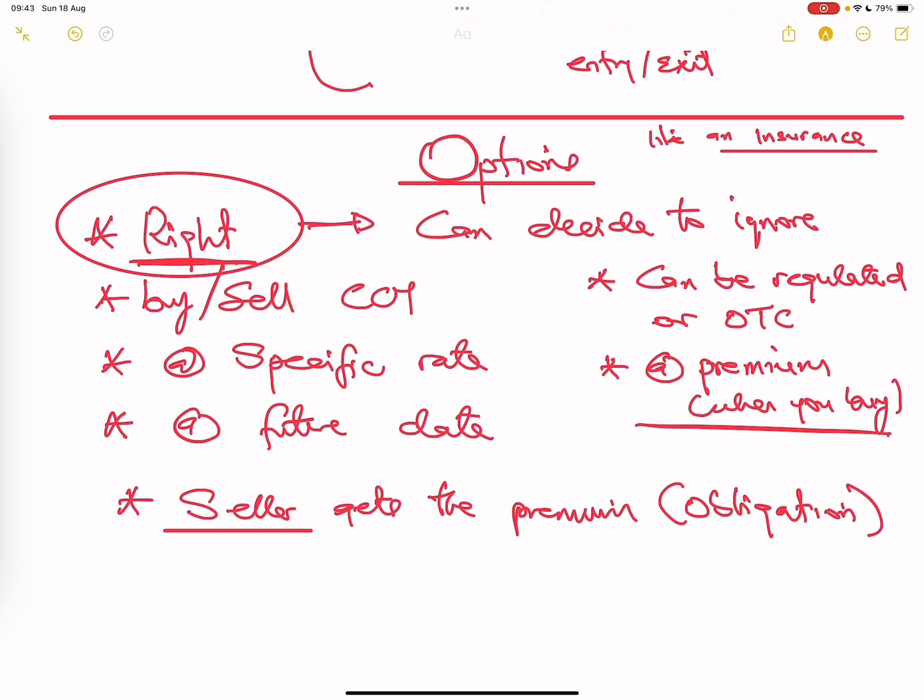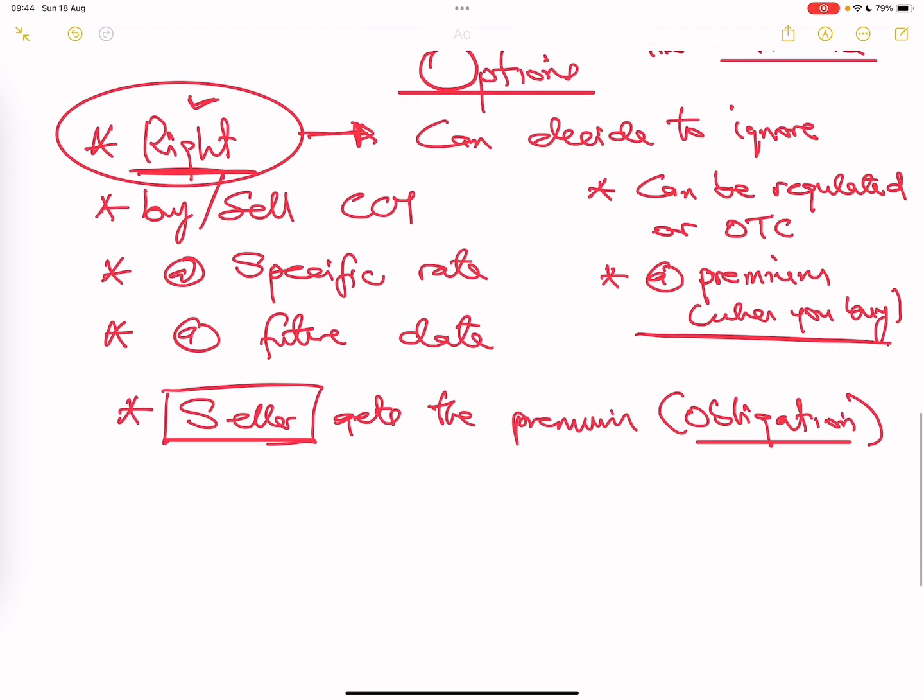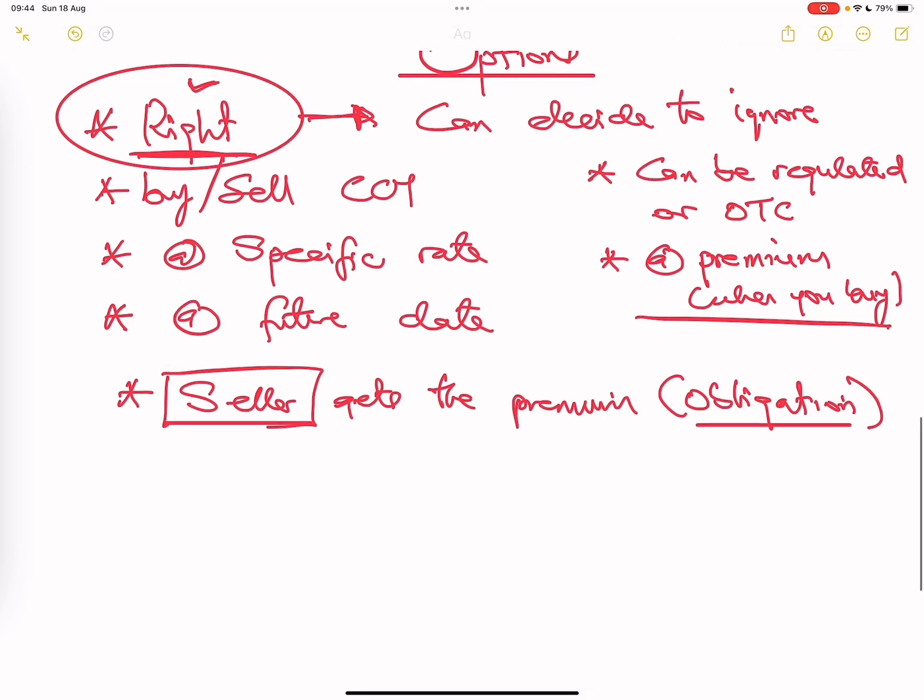So whoever is buying it has the right. If the person decides to exercise that right, the seller must comply because that's an obligation. I need you to understand that, because generally people just say option is right, option is right. It's only a right to the person buying it. It is an obligation to the person selling it, but it's subject to the buyer saying he wants to exercise before this obligation crystallizes. Okay?